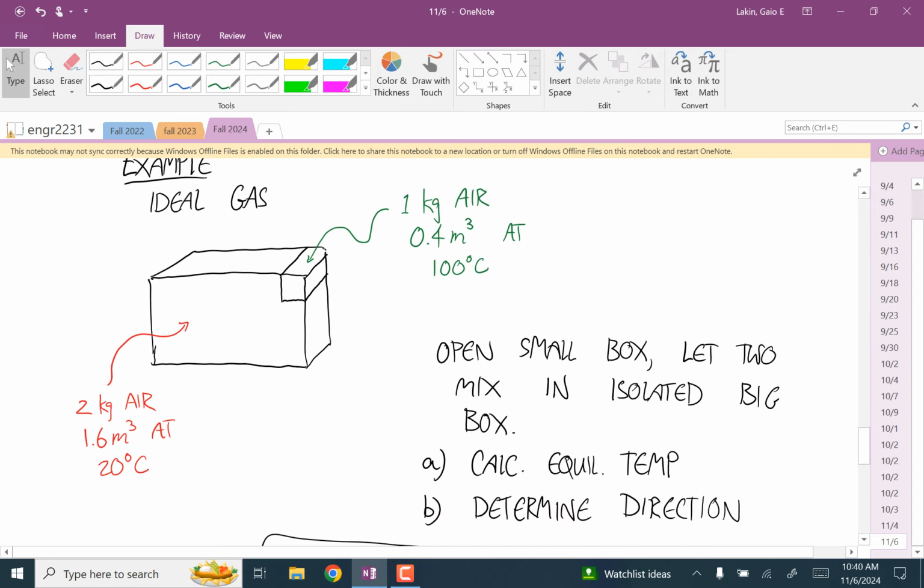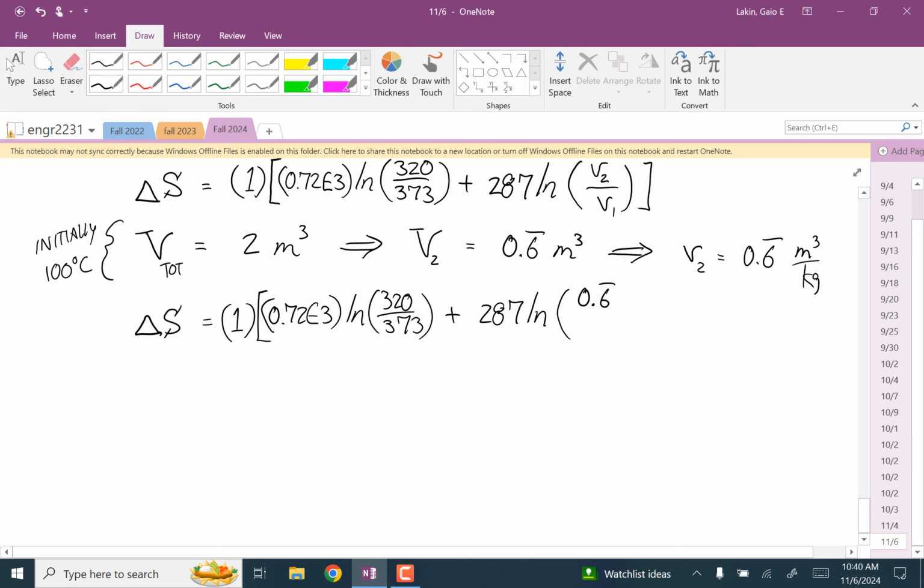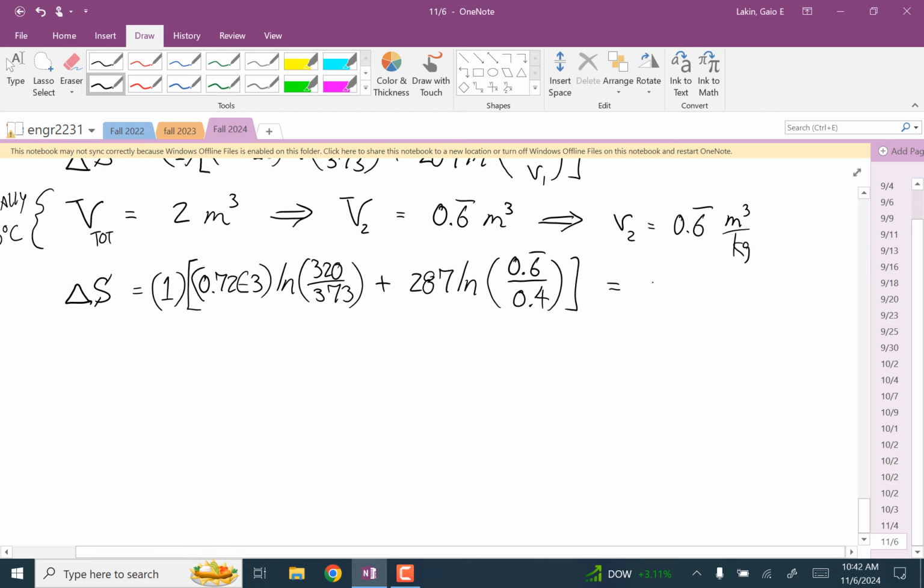We had 0.4 cubic meters divided by 1 kilogram, so the starting is 0.4. Positive 36.26. This is joules per Kelvin.